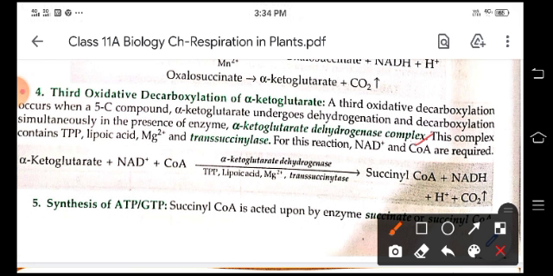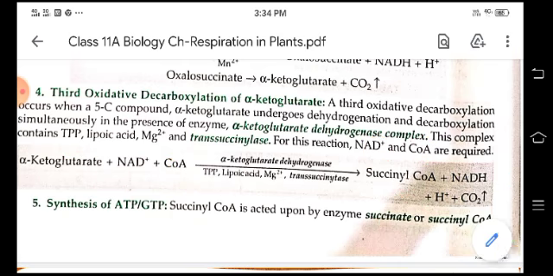It contains TPP, lipoic acid, magnesium and trans-succinylase. So NAD and coenzyme A are required for this reaction. So alpha ketoglutarate in the presence of NAD and coenzyme A, and enzyme alpha ketoglutarate dehydrogenase, forms succinyl coenzyme A, NADH, and carbon dioxide is released.